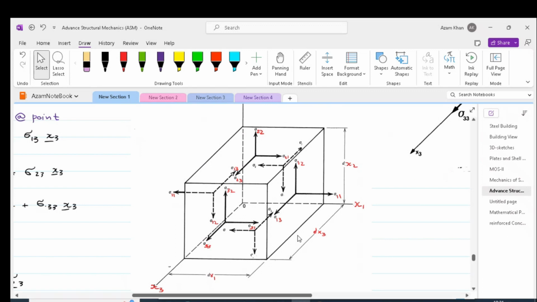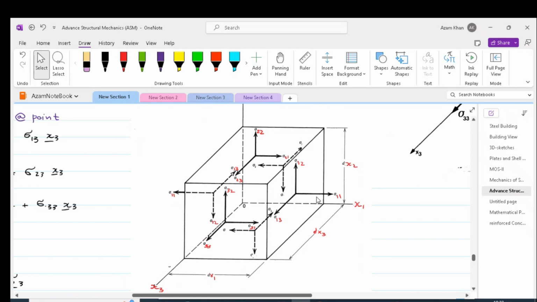In the case of this volume element, the surface forces can be represented by stress components and the areas on which they act. So we have these faces, and all these faces have at least 3 stresses in distinct directions.